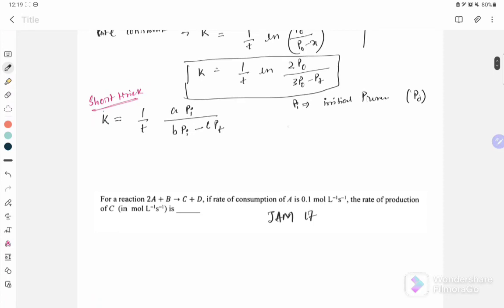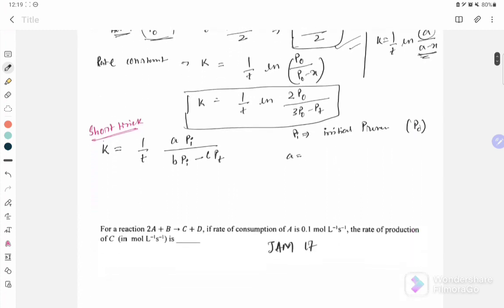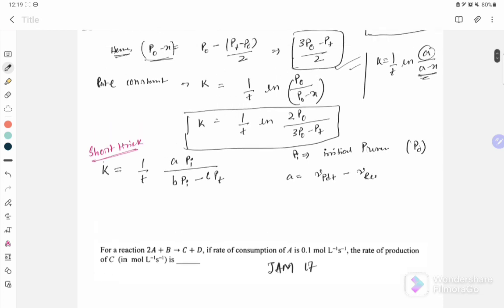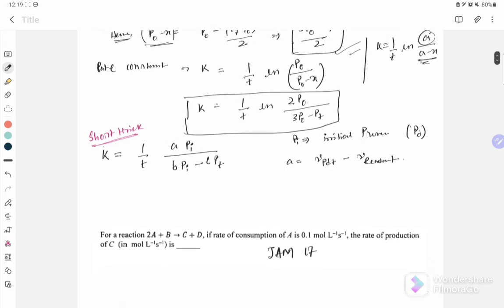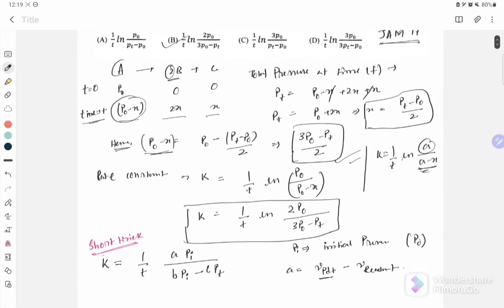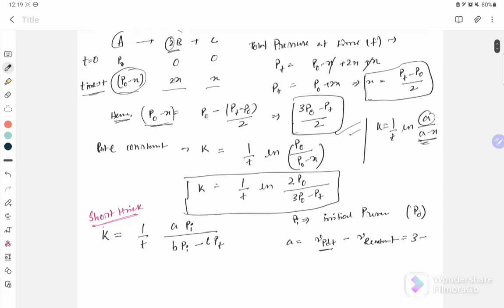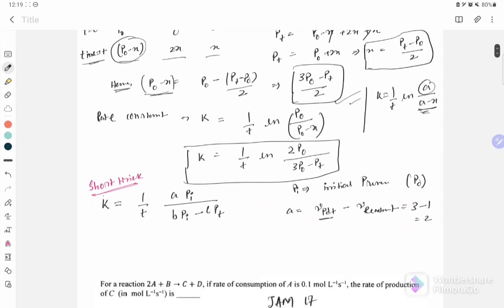A is the stoichiometric coefficient of product minus that of reactant: here 2 plus 1, that is 3, minus 1, that is 2.